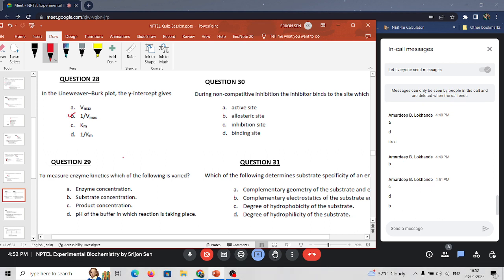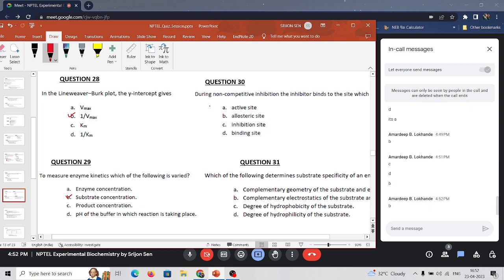Okay, question number 29. To measure enzyme kinetics, which of the following is varied? So what do you vary in enzyme kinetics? And what is the formula? V equals to Vmax, then there is a formula. Yes. So you do it, you calculate it, you are actually varying the substrate concentration.